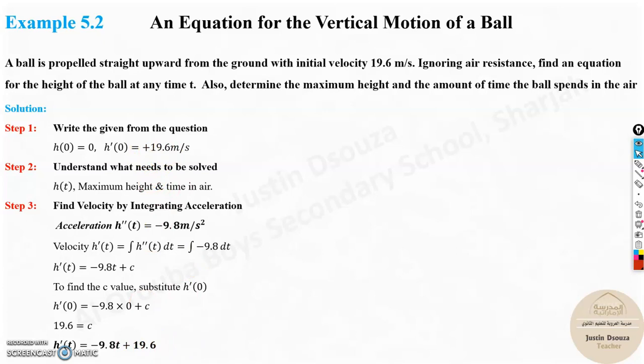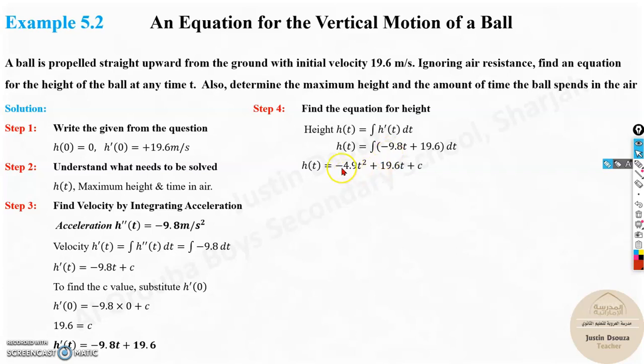Okay, we have found h dash of t, but this is not what we want. We want the position, that is h of t. So find the equation for the height by integrating the velocity. When we integrate the velocity over here, it will be minus 9.8 t squared by 2. We had a similar equation in the last problem.